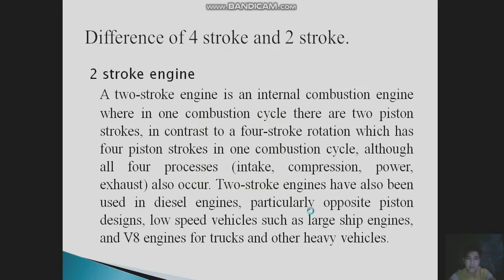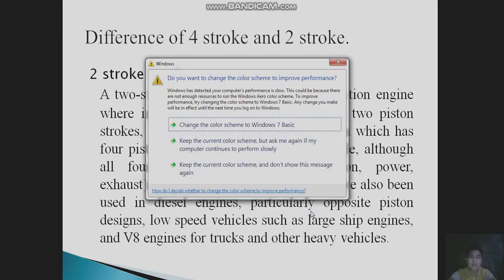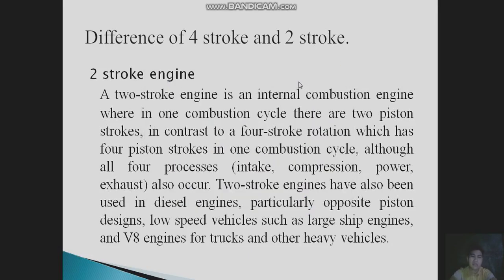Difference of four-stroke and two-stroke engine. A two-stroke engine is an internal combustion engine where in one combustion cycle there are two piston strokes, in contrast to a four-stroke engine which has four piston strokes in one combustion cycle.